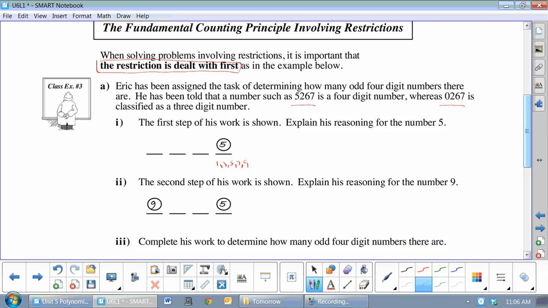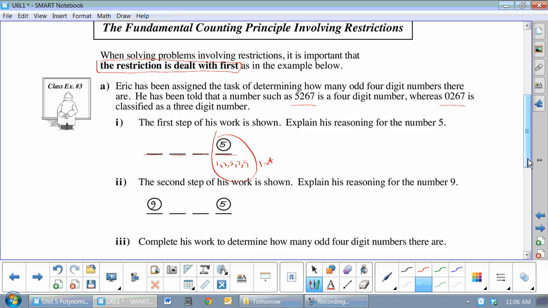Now, how do you do these? If it's a 4-digit number, you first do 4 blanks. You're going to need a lot of strategies to do these because some of them, you can't have this as the barrier, right? So always deal with the restrictions first. See, my restriction was, this has to be odd. Okay?